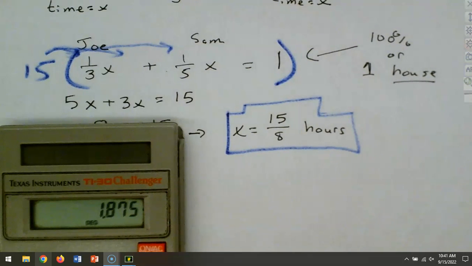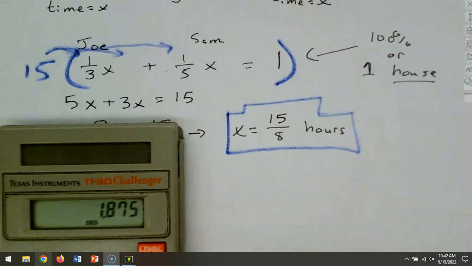We know our answer has to be less than 3, because he can do it by himself in 3 hours. Now he has a helper. The helper takes 5 hours. So we know our answer has to be somewhere between 3 hours and an hour and a half. Why? Because if there's 2 Joes working on the house, that's an hour and a half.